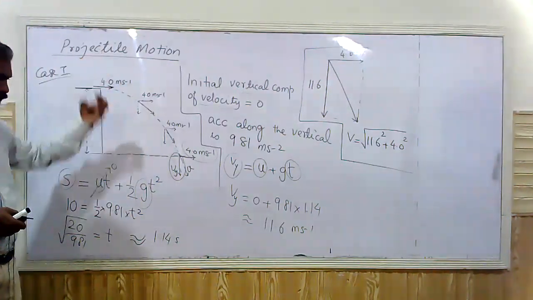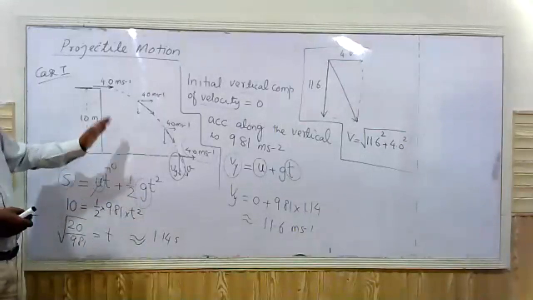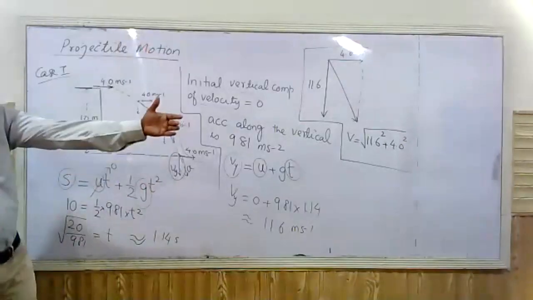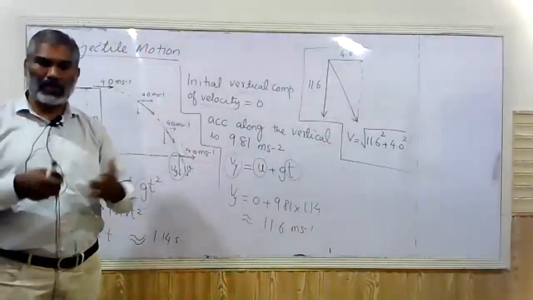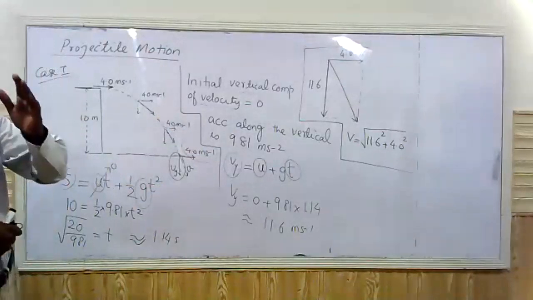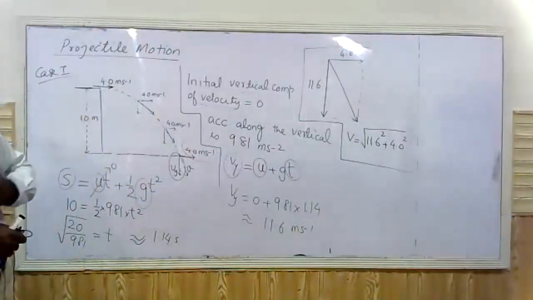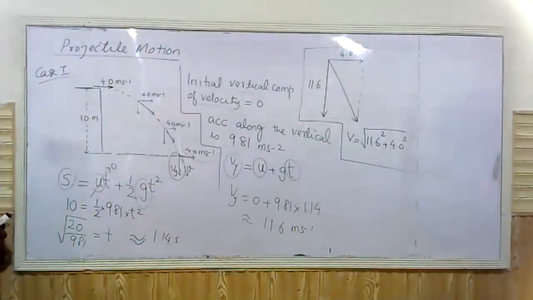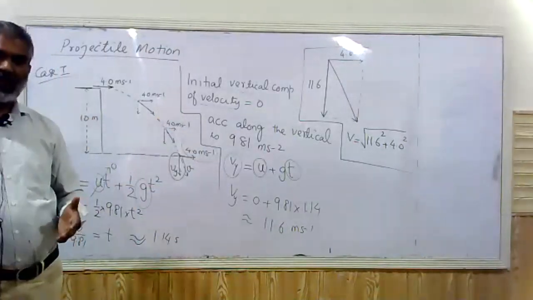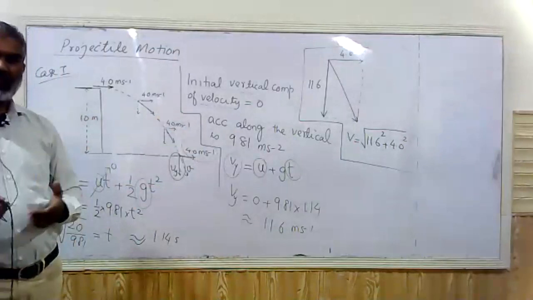The object is pulled down at a constant rate. So I can treat the vertical motion independently of the horizontal motion. This is an important point about projectile motion, that the two different components of velocity can be dealt with, can be treated, can be taken independently of each other.